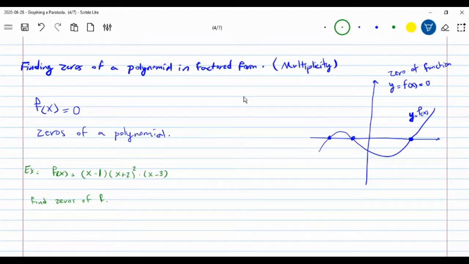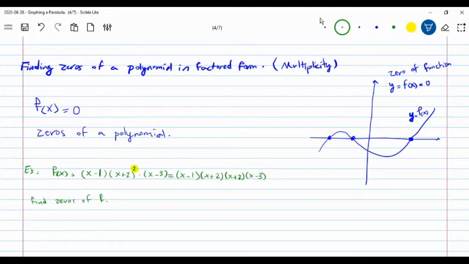First, let me explain something very important to know. If there's a power out here, in this case power 2, that is nothing new. This is the same as x minus 1 times x plus 2 times x plus 2 again, because to the power 2 means you have it twice, then times x minus 3. This is the same polynomial.